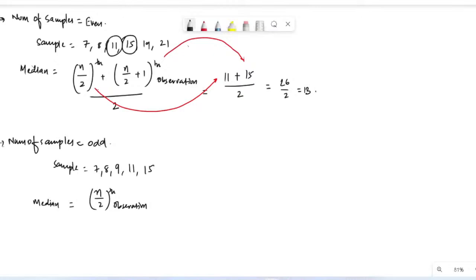Sorry, this has to be plus 1, no? Yes, it has to be plus 1, because otherwise it will not be possible to divide.